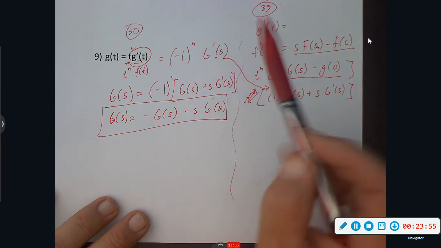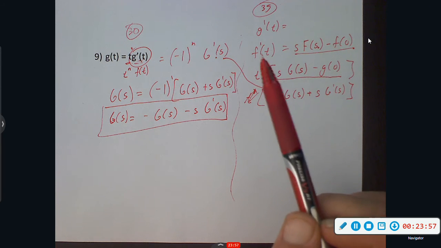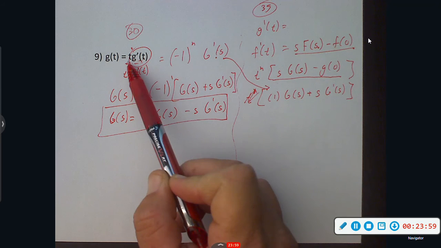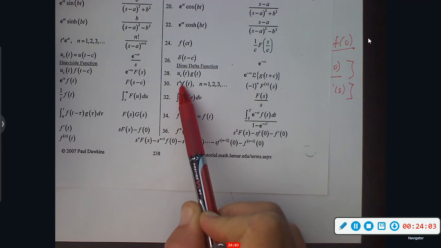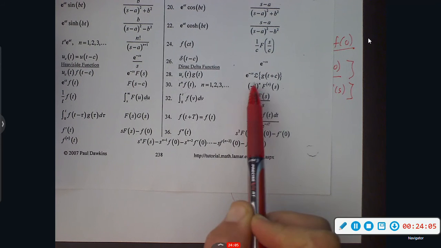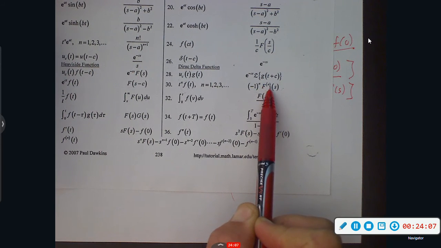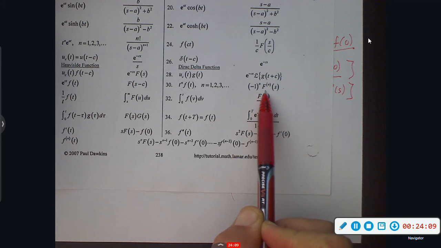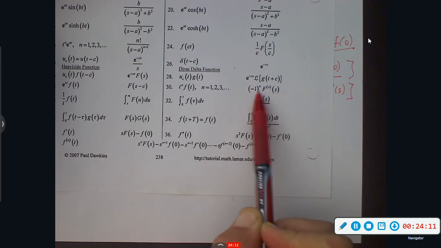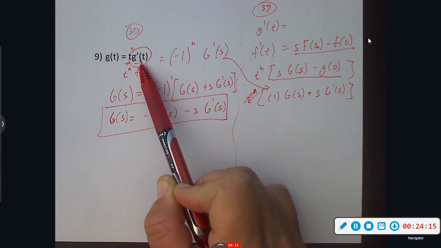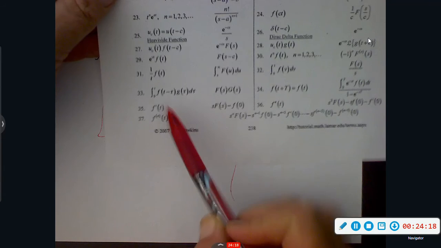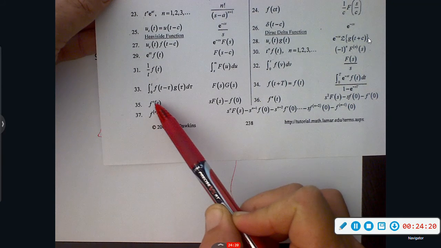One more time, if you need me to, I'll try that one more time. So we start off by matching up, we have t to the first power, right? So we've done those before. That means we need to do the first derivative in our Laplace transform. So we need to do the first derivative of whatever that function is. Well, since the function started off as a derivative, we go to number function 35. 35, here it is.